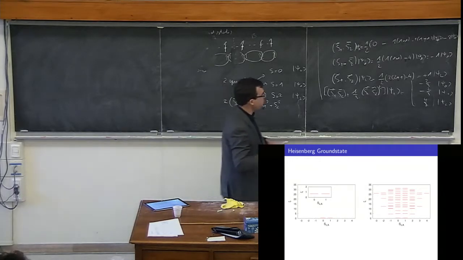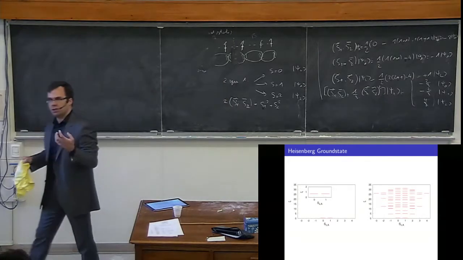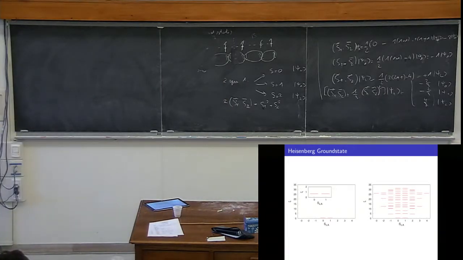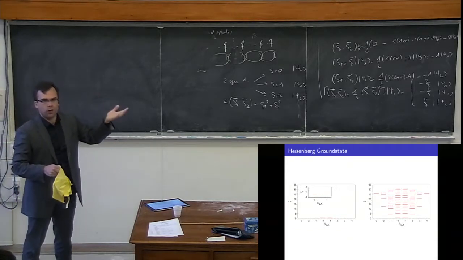So the last thing I would like to discuss today is what it means in terms of computation when the number of levels that you have in your entanglement spectrum is much lower than what you expect naively.